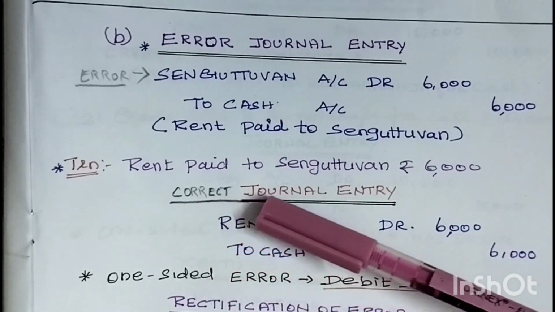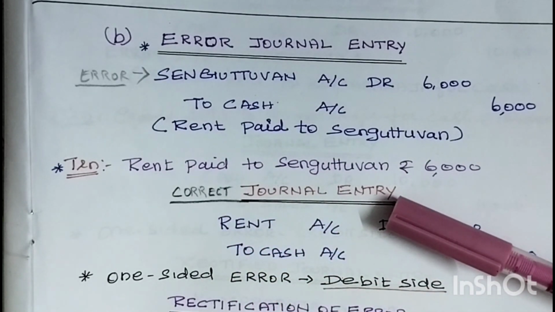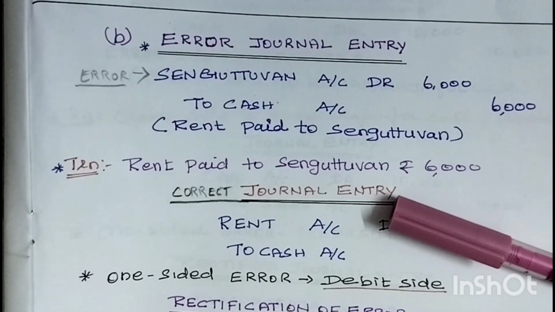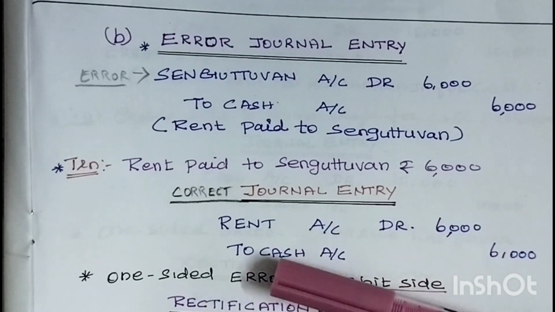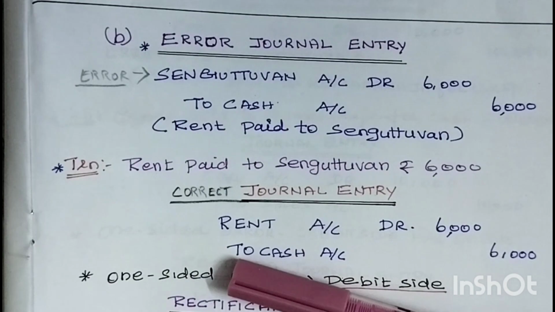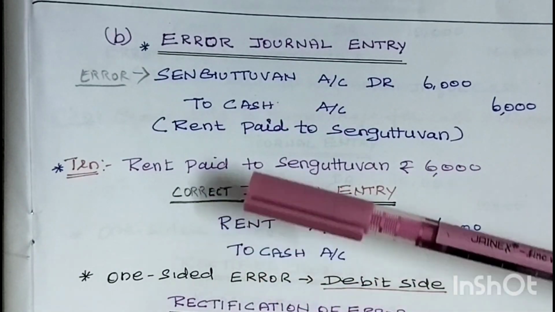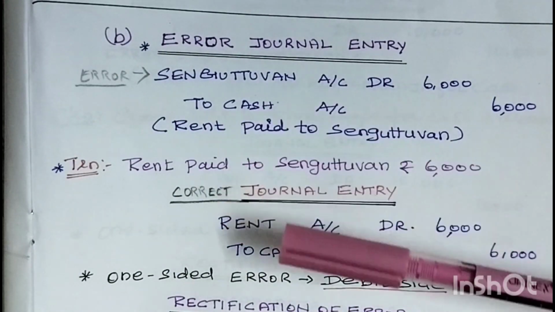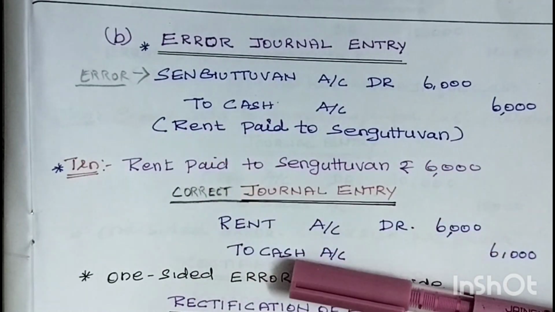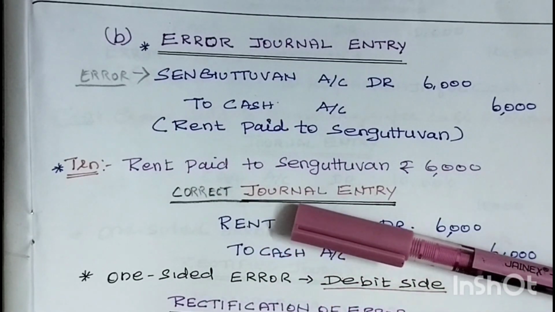This is the correct journal entry. Then where is the error? The credit side is the correct entry. To cash account is on the credit side. On the credit side there is no error. Okay, let's see the debit side.